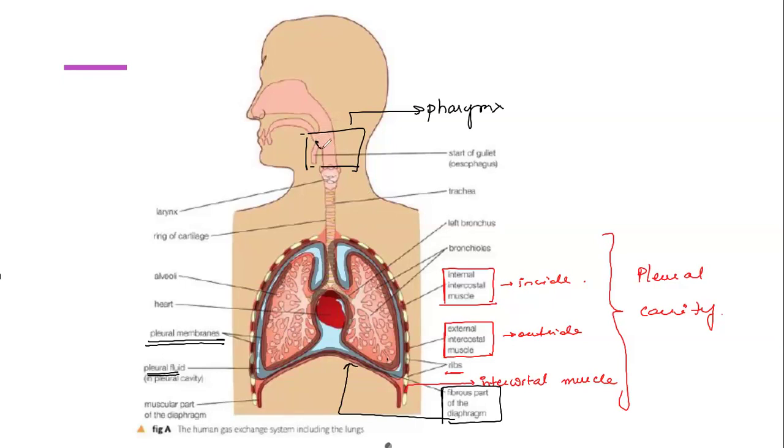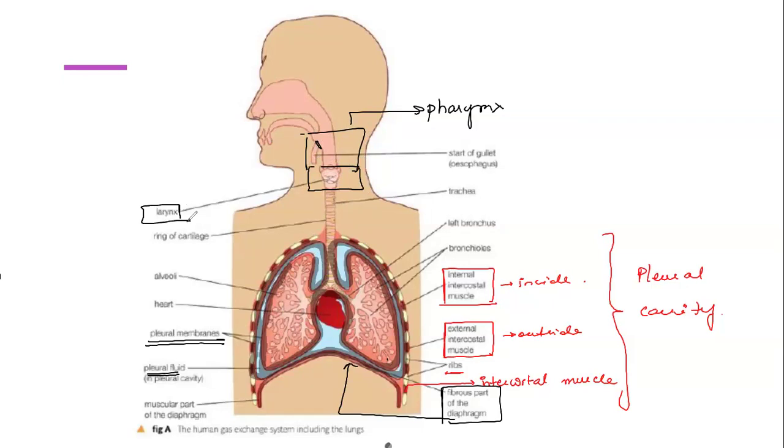Whenever we are swallowing, that epiglottis will flap and close on top of the trachea to make sure that the food passes onto the esophagus and doesn't accidentally enter the respiratory system. Now, below the pharynx, we have the area where the vocal cords are located. That area is known as the larynx.